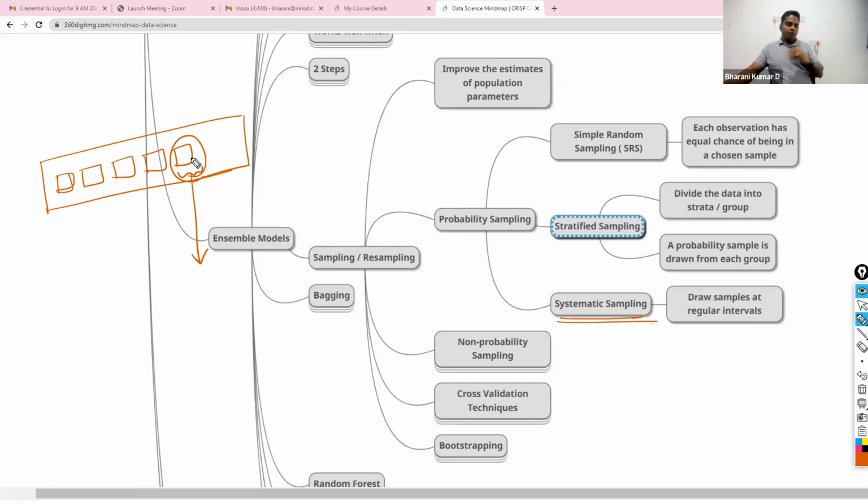Or you might say that for the first 1 minute, I pick up the fifth one, next 1 minute the fourth one, next the third, then the second, and so on. Because sometimes if there are errors in your machines, maybe every fifth circuit will be defective because the machine gets reset after every four circuits manufactured. Maybe, you don't know. So whatever plan you have, that's called systematic sampling.